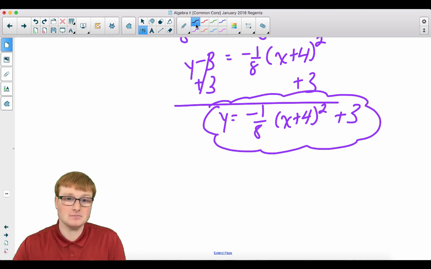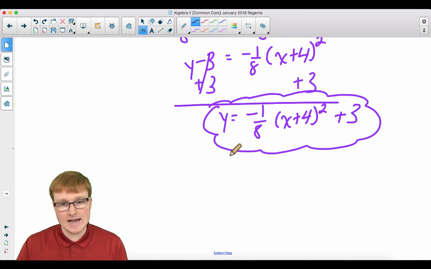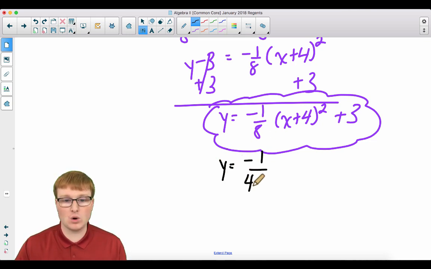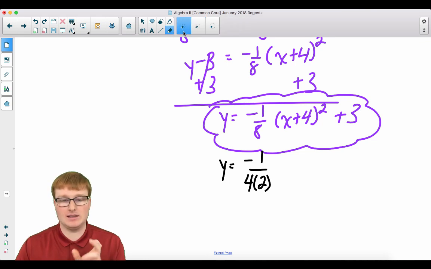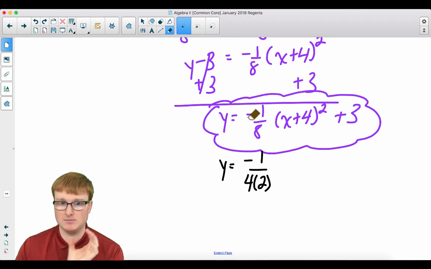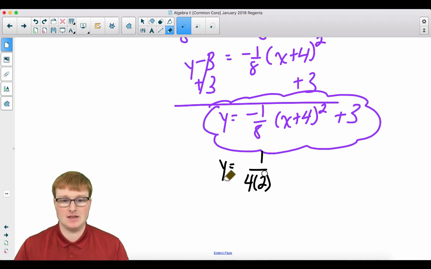So, we're not quite there yet. We're almost there. This is the same thing as saying y is equal to negative 1 over 4 times 2. Times 2, actually. Oh, let me alter it a little bit down here.